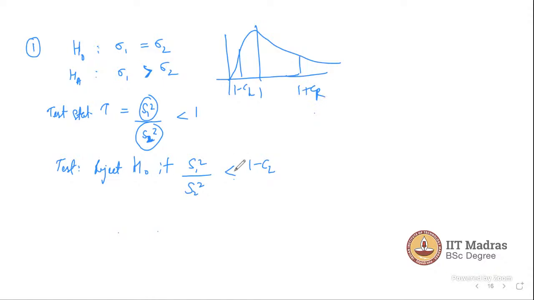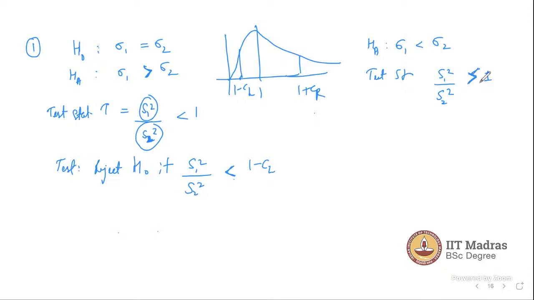Okay, so this is our test: reject H0 if S1 squared by S2 squared is less than 1 minus CL. Now, if my alternative is sigma 1 less than sigma 2, and I take the same test statistic S1 squared by S2 squared, in this case it is going to be greater than 1.